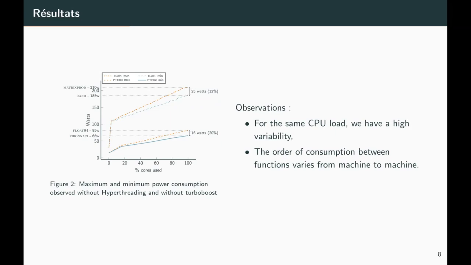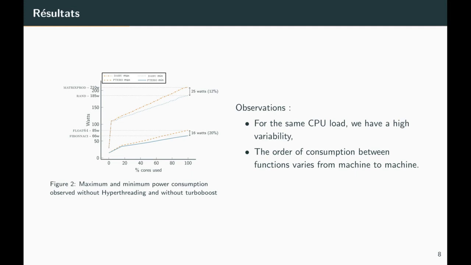Another interesting thing is that, let's say we took our 12 programs and we want to compare the energy consumption of all the programs to be able to say, okay, this program is the most energy intensive and this one is the cheapest one. Actually, if you do the ranking, the ordering will depend on the physical machine.